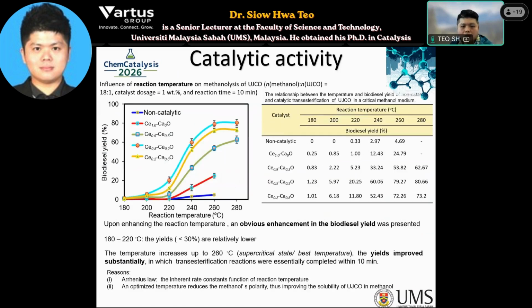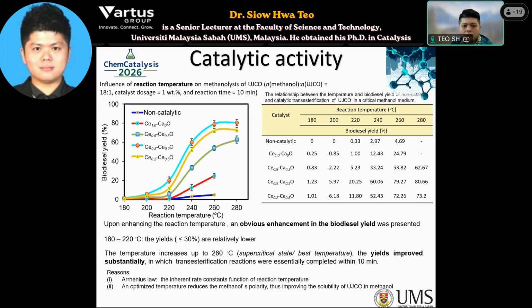Next, we investigated the effects of the reaction temperature on biodiesel production. As shown in the figure, biodiesel yield increased significantly with increased reaction temperature for all the catalyst systems. At the lower temperatures, between 180 and 220 Celsius, the biodiesel yield remained very low because the transesterification reaction proceeds slowly.